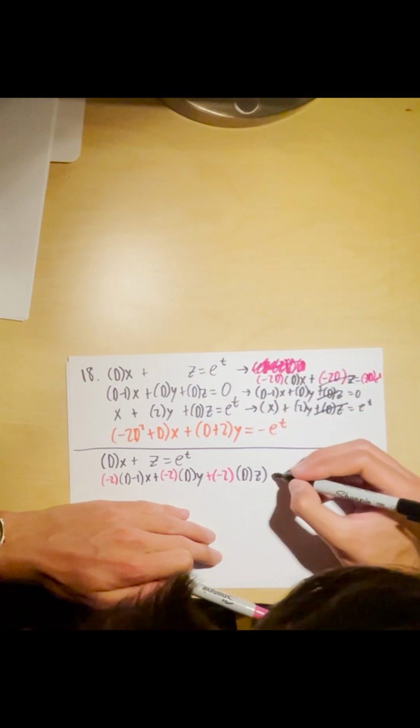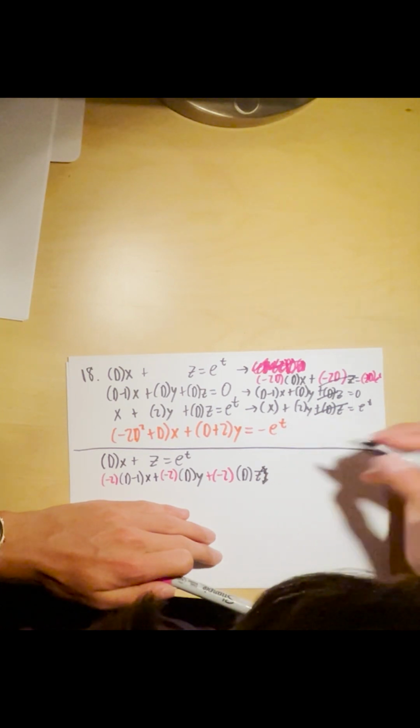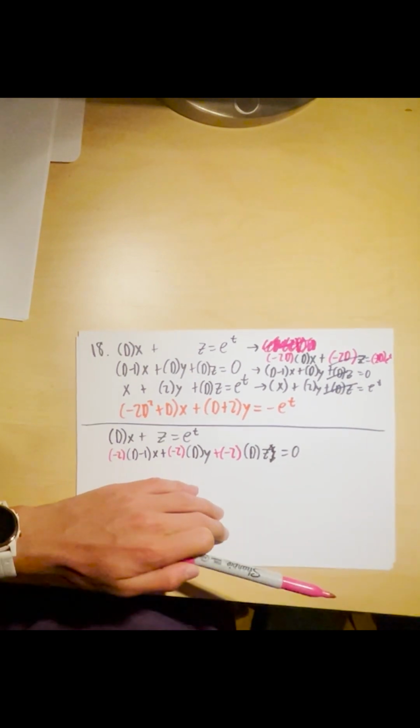And since it equals 0, it doesn't matter if I multiply by negative 2, it's still going to equal 0.